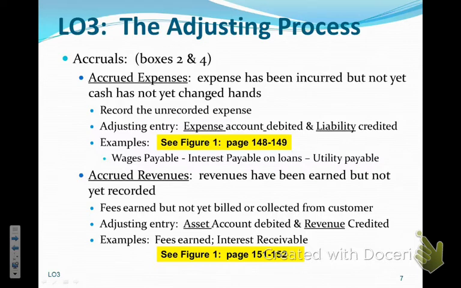We would debit our accounts receivable and credit our revenue. Or if we had interest that we had earned, say we have a bank account and we earned interest on that bank account, we would recognize that by debiting an account, interest receivable and crediting the interest income.